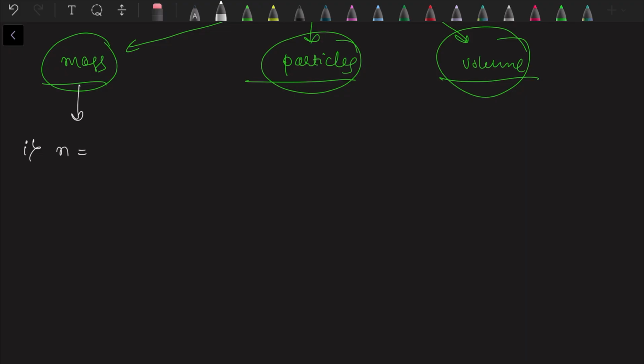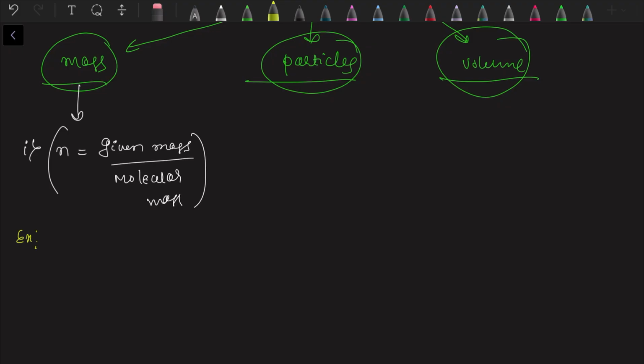Number of moles in terms of mass means given mass divided by molecular mass, then you will get the number of moles. One by one, you will understand with examples here also.